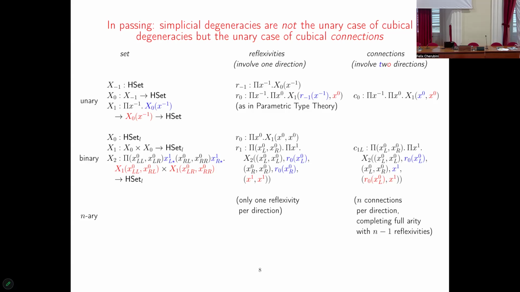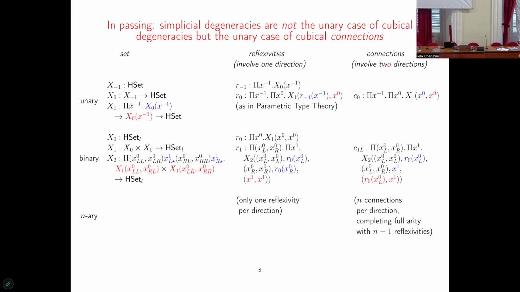A reflexivity will move one level, a line here to a square, just by duplicating these lines and connecting them. So we have twice the lines, and we connect them on the side by two reflexivities.